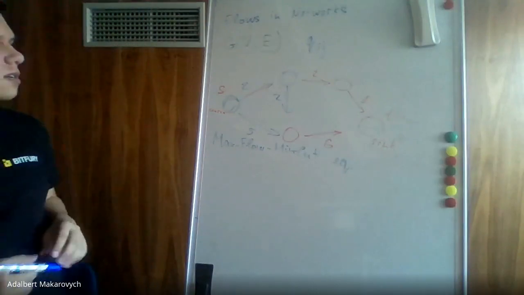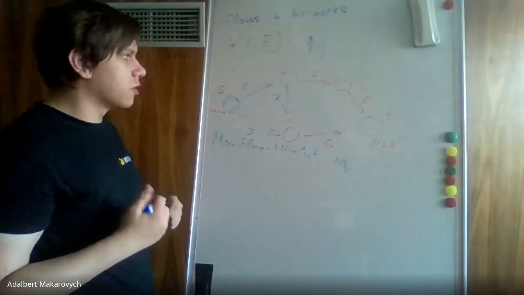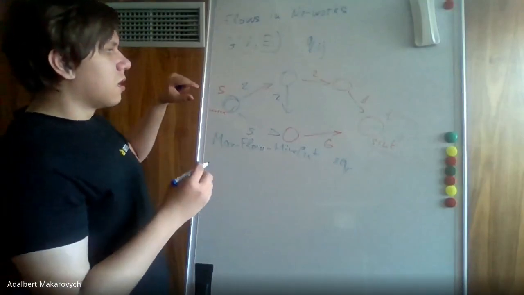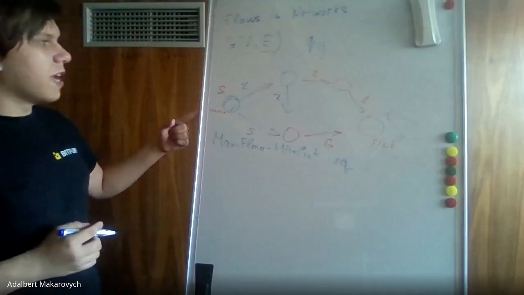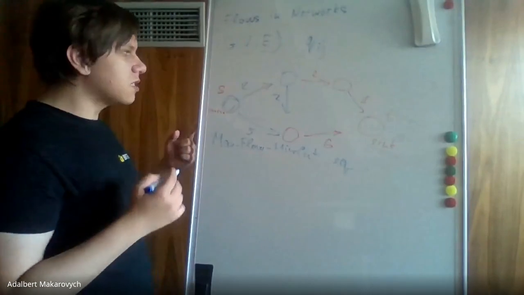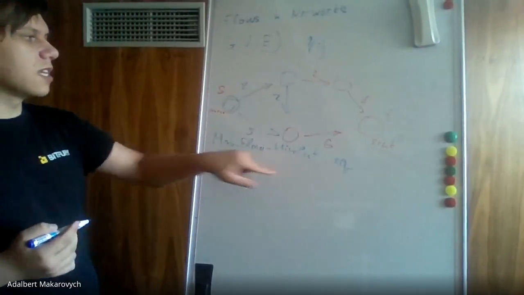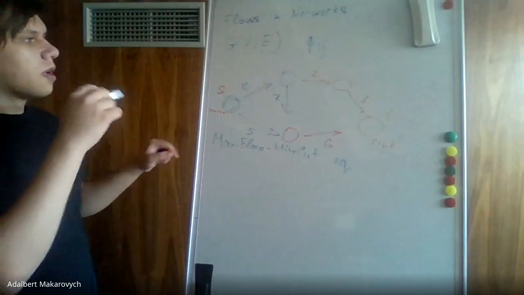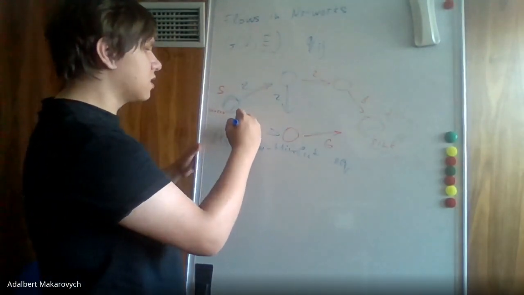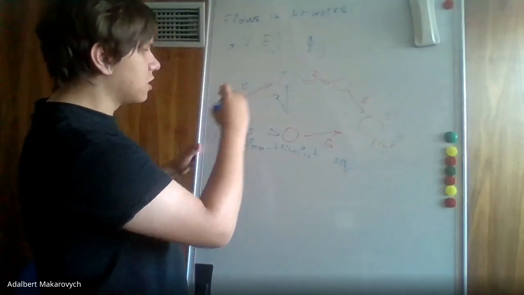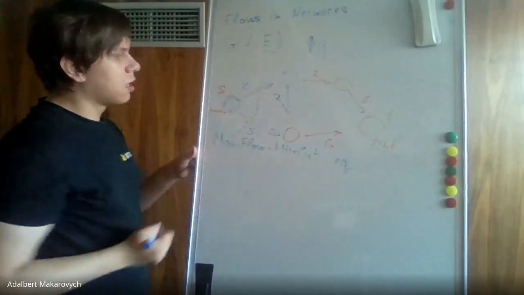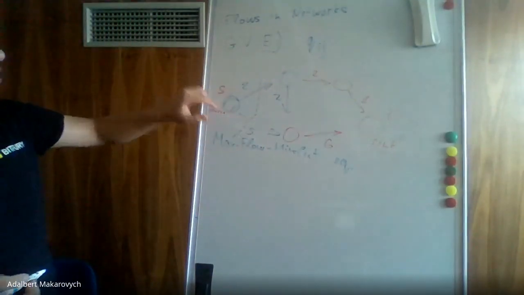Min cut is another term, and it represents the set of edges with minimum value that are needed to separate the source from the sink in the network. As we see in this network, we can cut through these two edges, and now we have the source separated from the sink.